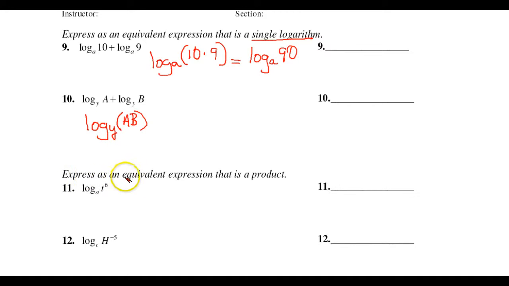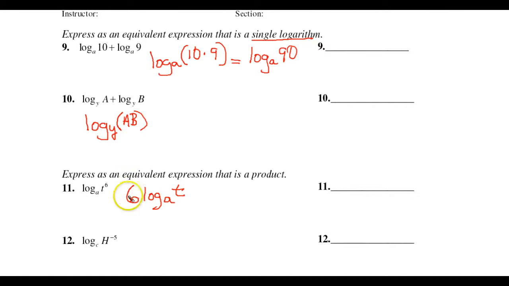Now express as an individual expression that is a product. Okay, now here we see an exponent. So we're using the rule of powers to powers. So we have to put that exponent up front as 6 log. Our base is a, t.